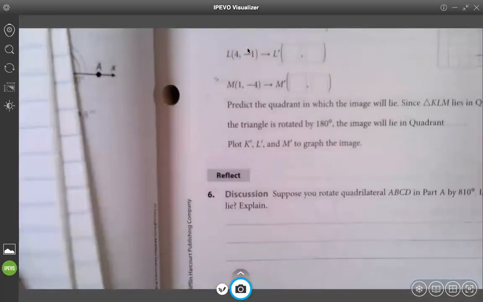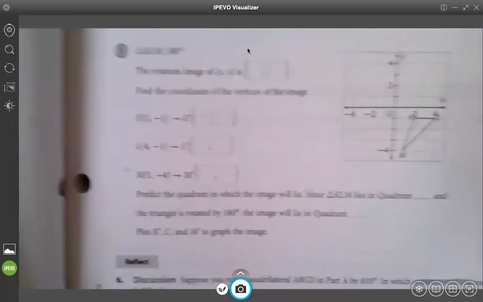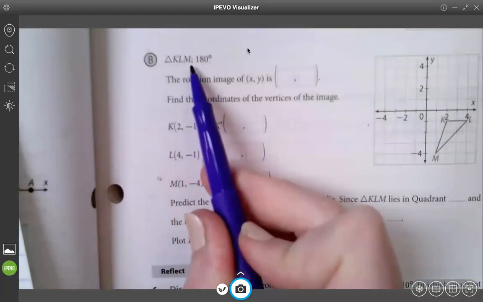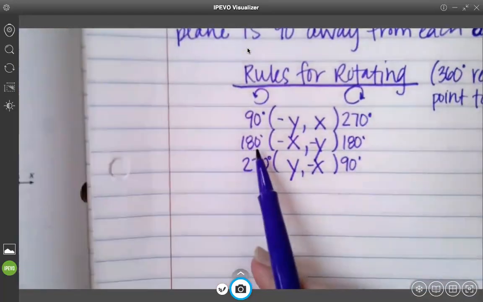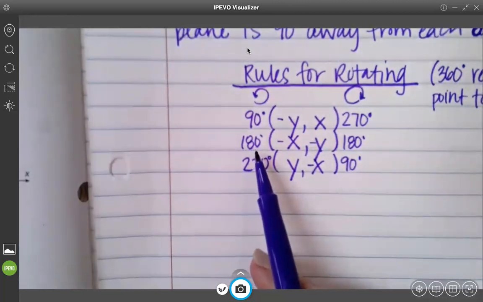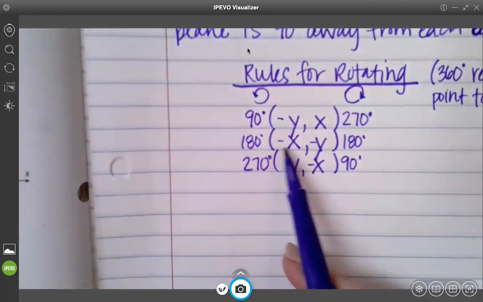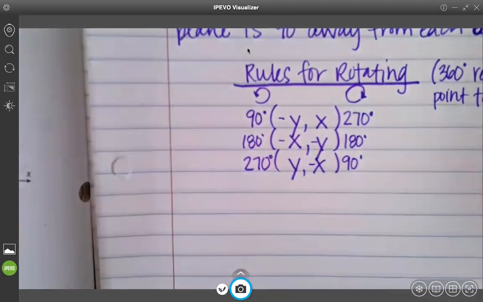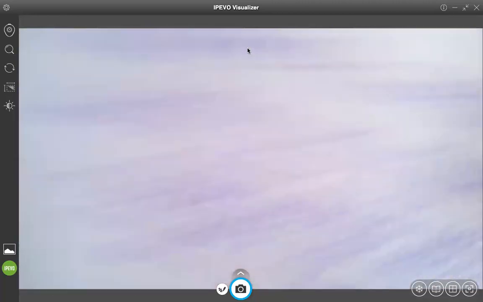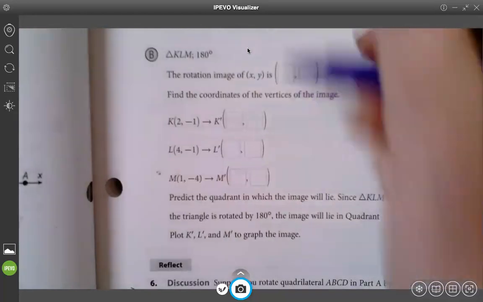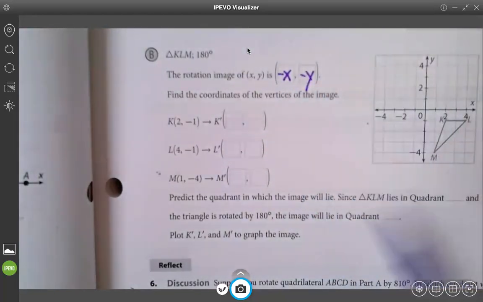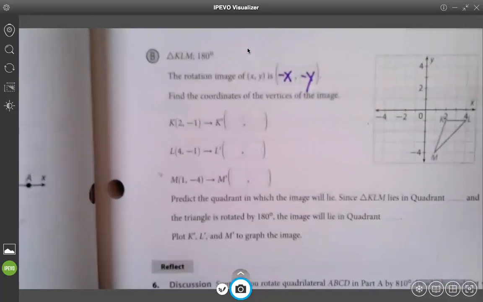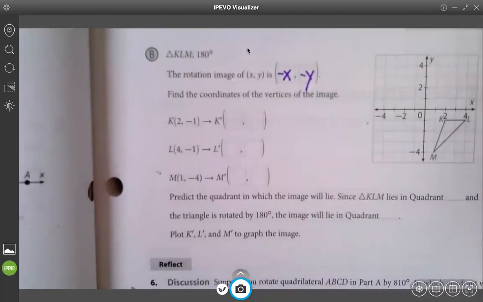Let's do an example together. On page 91, we're going to be rotating triangle KLM 180 degrees. Well, on our chart, 180 degrees, no matter which direction it goes, would be negative x comma negative y. So negative x comma negative y means that we leave our numbers in the same order, but we switch the signs on both.